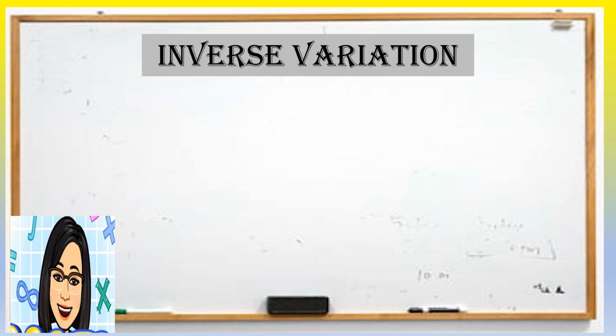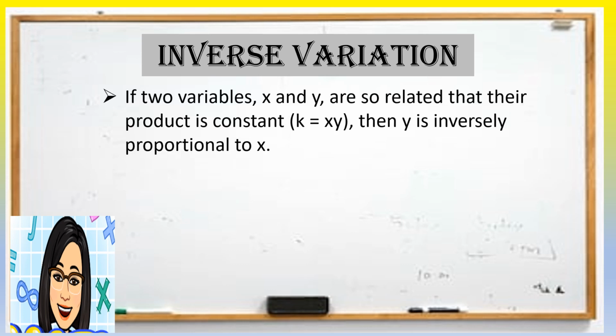Now, how will we describe inverse variation? If two variables, x and y, are so related that their product is constant, or k is equal to x times y, then y is inversely proportional to x.